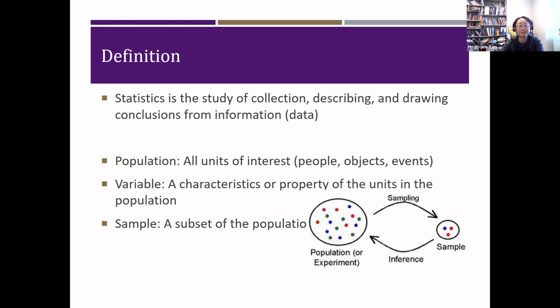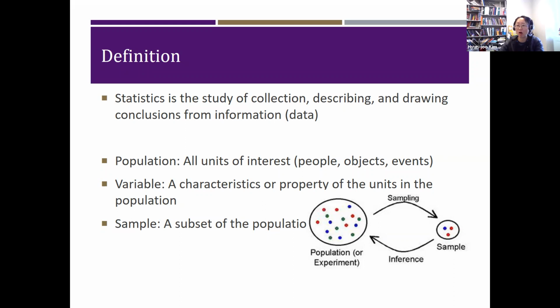There are three different words here that are very commonly used in statistics. The population in statistics means all units of interest, which is a little different from how we typically use the word population. In statistics, it can be people, sometimes objects, sometimes events.